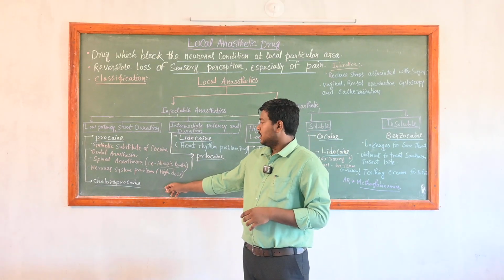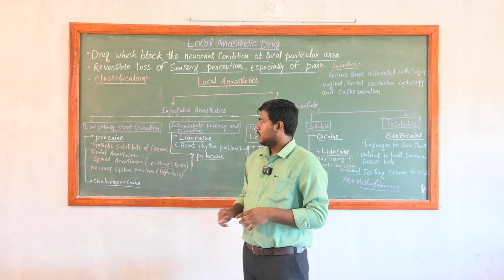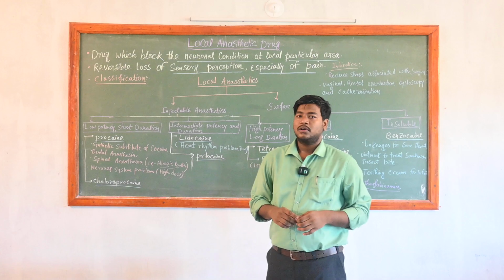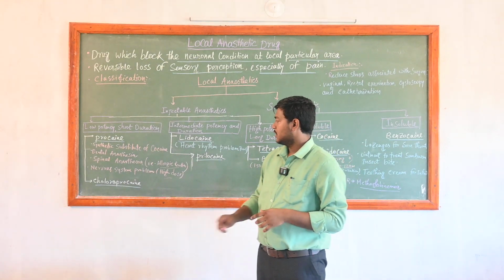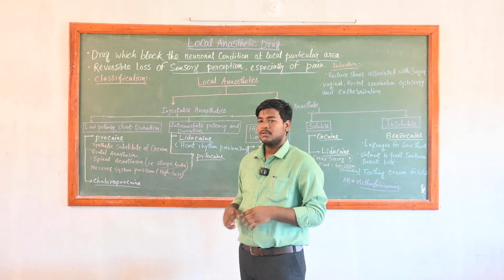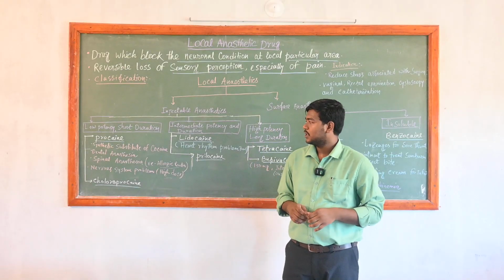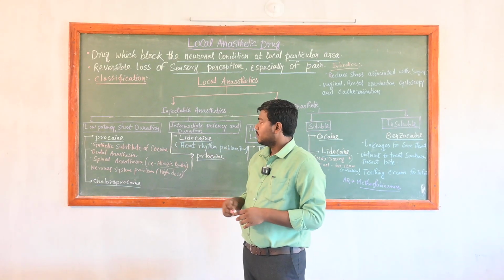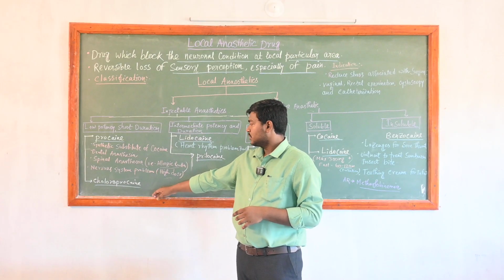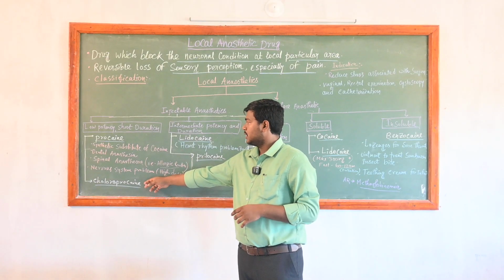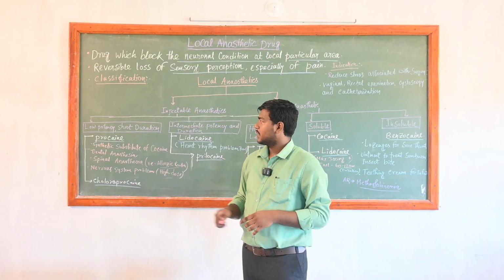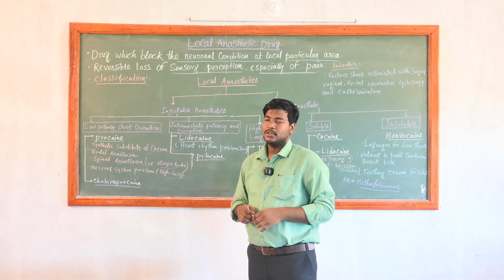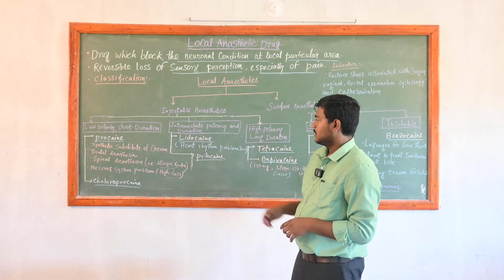Next, if we use Procaine in a higher amount, it may cause nervous system problems. So it is a major problem, and nowadays Procaine is not used. As an alternative of Procaine, we can use chloroprocaine. It comes under the same category of low potency and short duration injectable anesthetic drug.